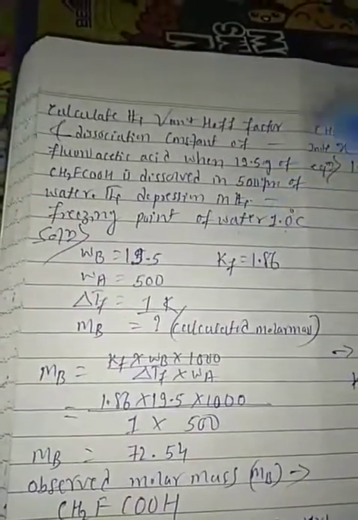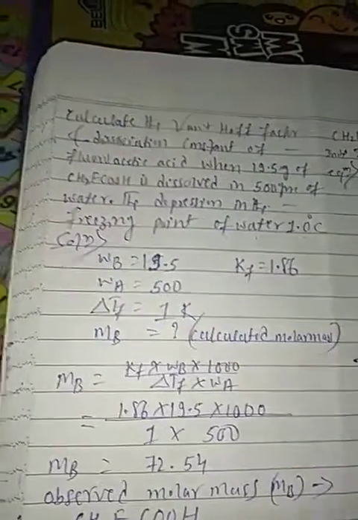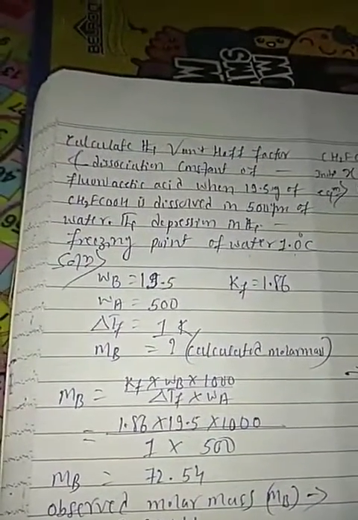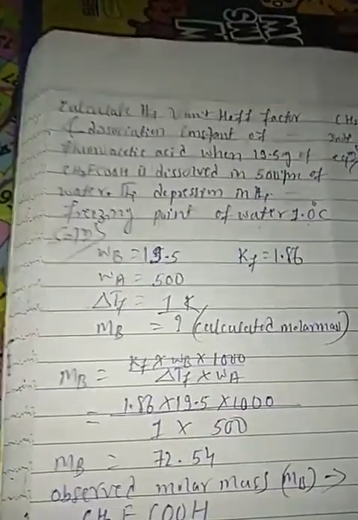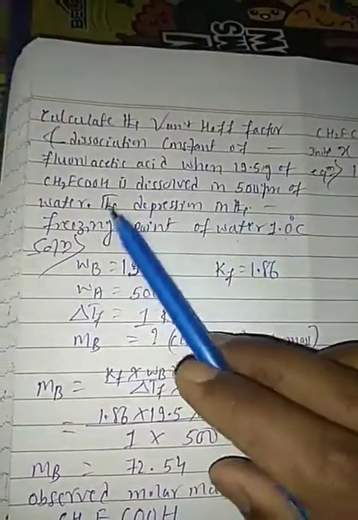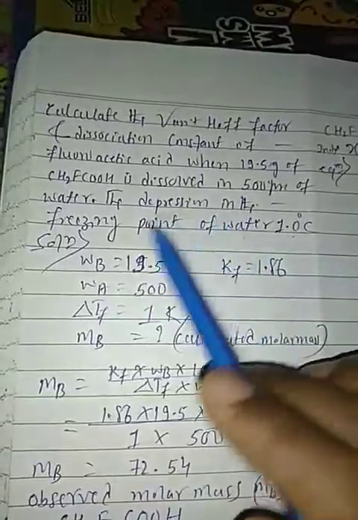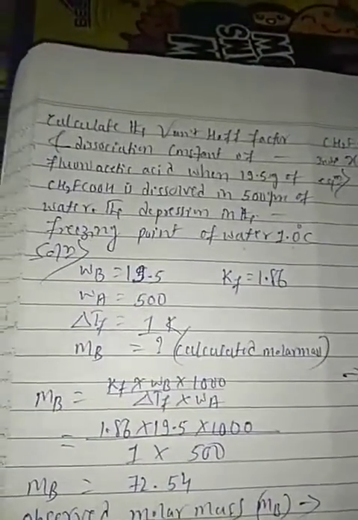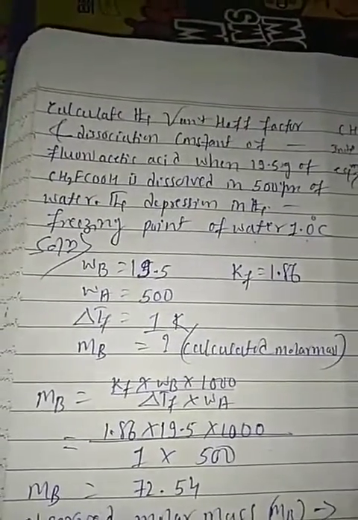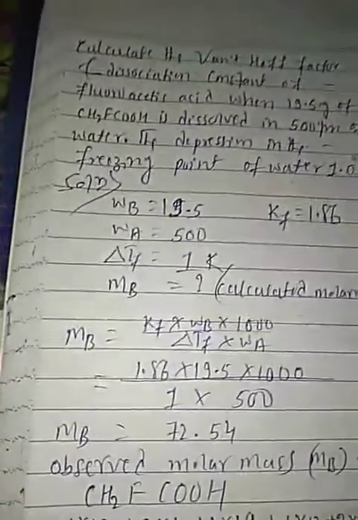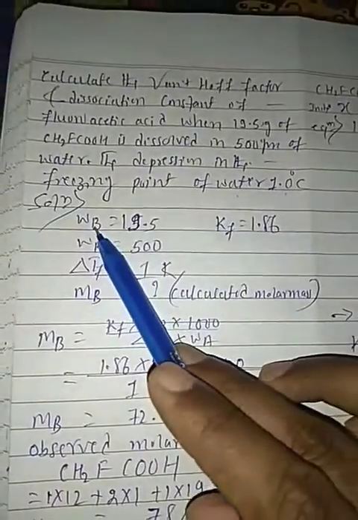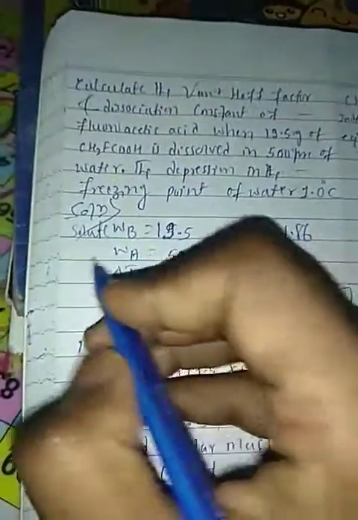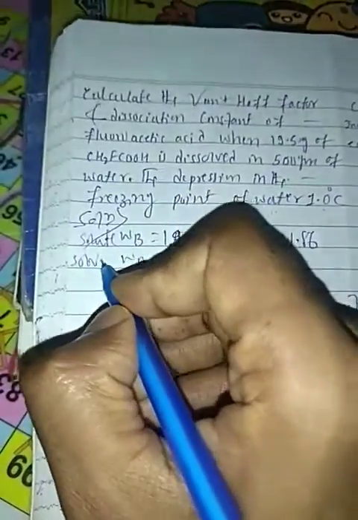So what is the freezing point difference we have to calculate here? The depression in the freezing point is 1 degree Celsius. Right? This example is also similar to the previous example, students. So we are using here WB as the mass of solute, and WA as the solvent, students.